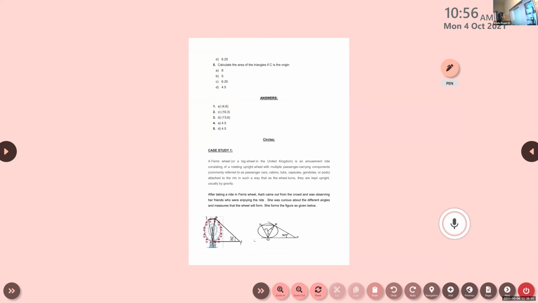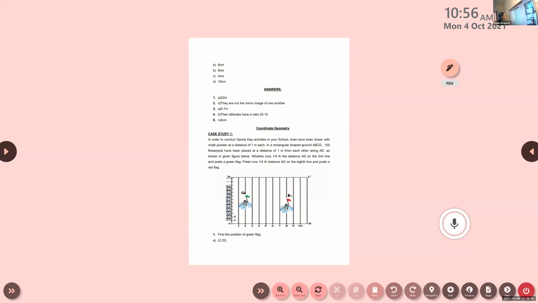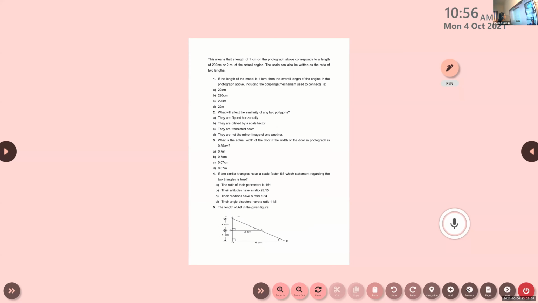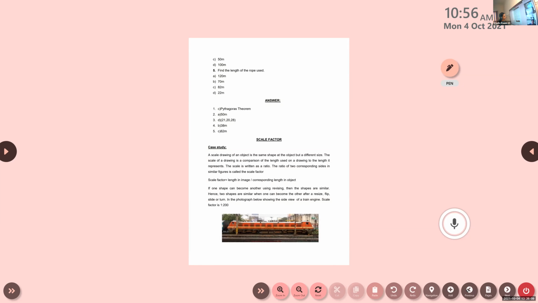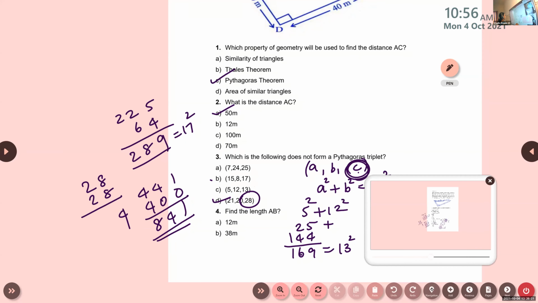The answer is correct. 50 minus 12 is correct. Find the length of AB. Length of AB is 38. Now look at the next one.